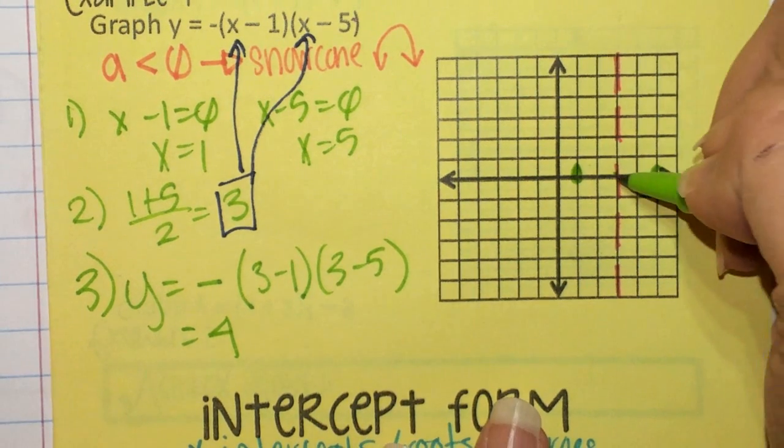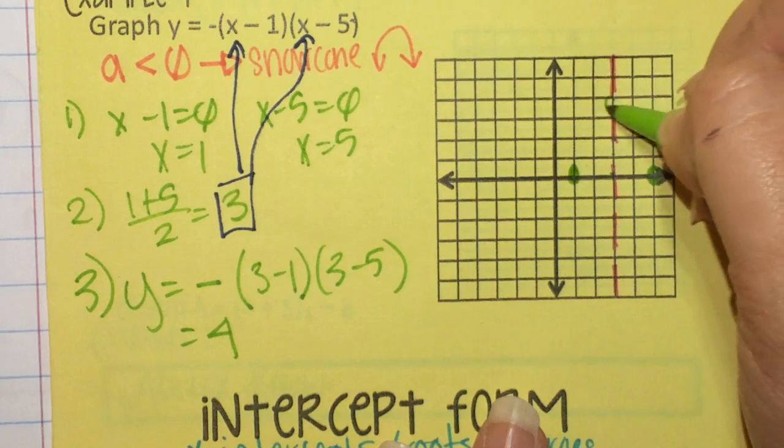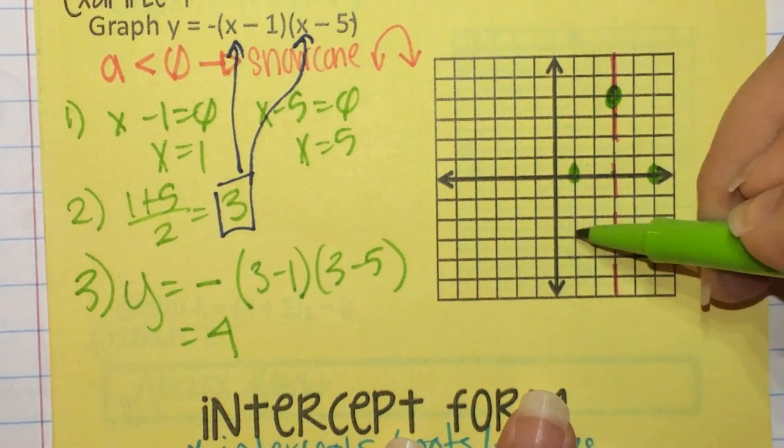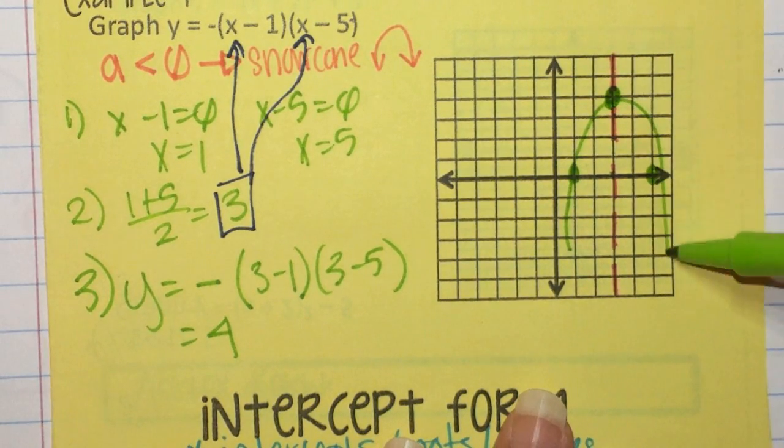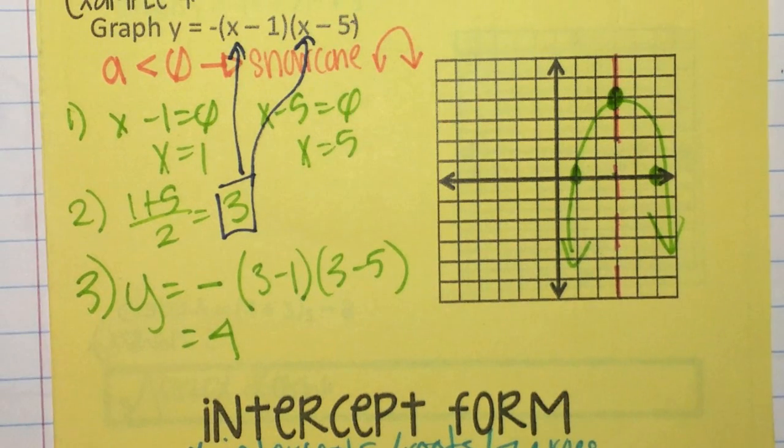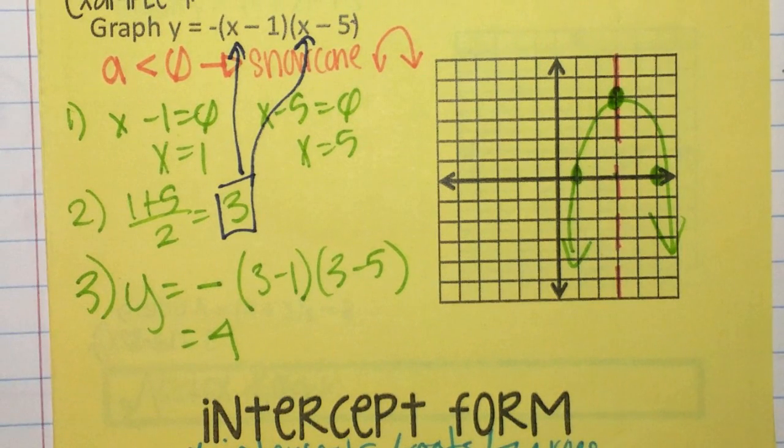So we would go right 3, up 1, 2, 3, 4. We said it was going to be a snow cone. Will this make a snow cone? Look at us go. Does everybody understand how I got that?